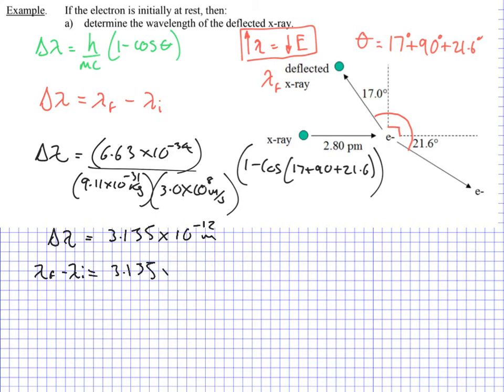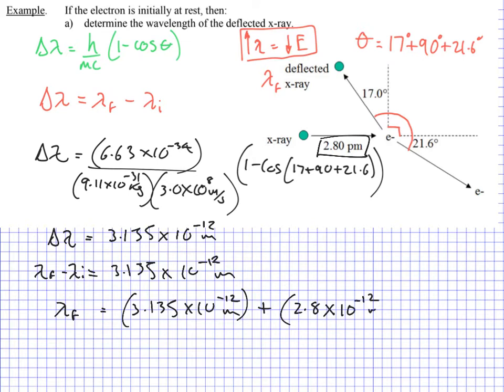So to get the final, which is what I'm trying to find here, I have to add that initial. Let me do that again. I'm having problems here with my lambdas. The final is going to be 3.135 times 10 to the negative 12 plus this here, 2.8 pico, which is 2.8 times 10 to the negative 12.